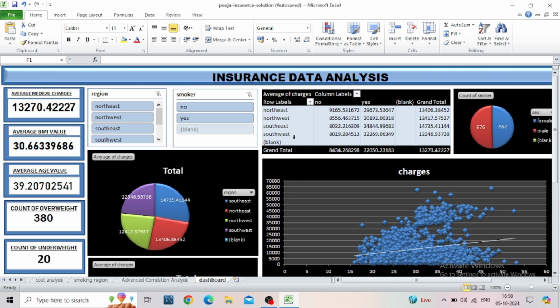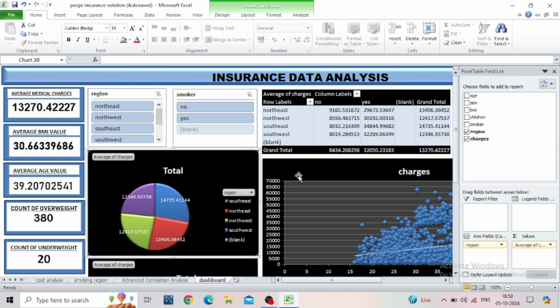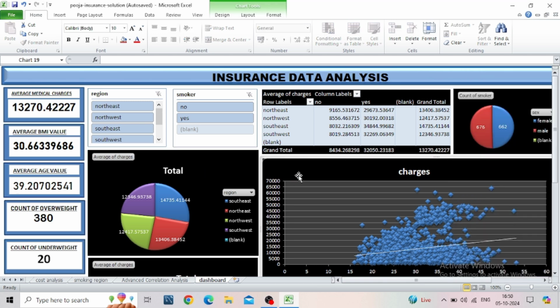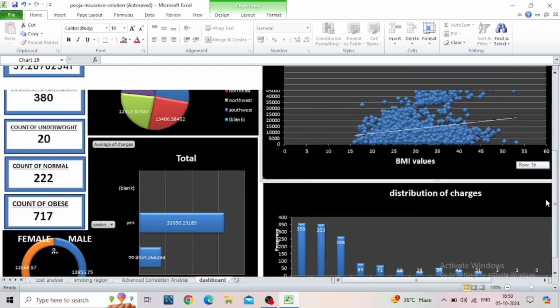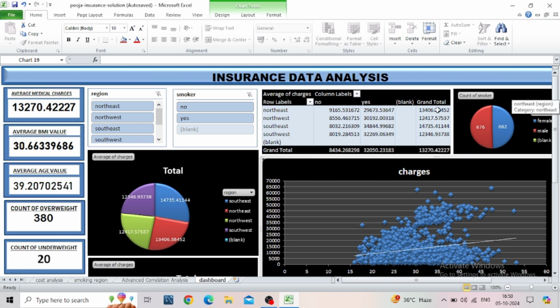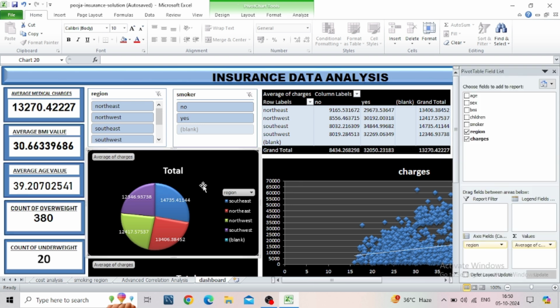The dashboard includes charts, graphs showing total charges in these kinds of cards, the impact of smoking, regional differences, and other key metrics.